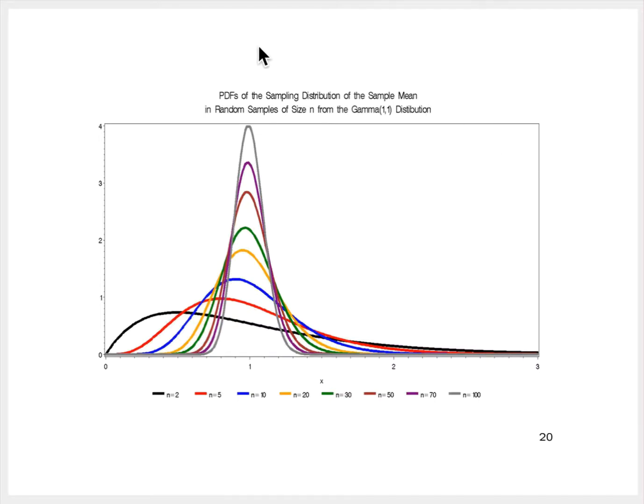And so this plot shows the PDFs of the sampling distribution of the sample mean in random samples of size n from the gamma distribution with alpha equal to 1 and beta equal to 1. I had to pick some particular gamma distribution to start off with, right?